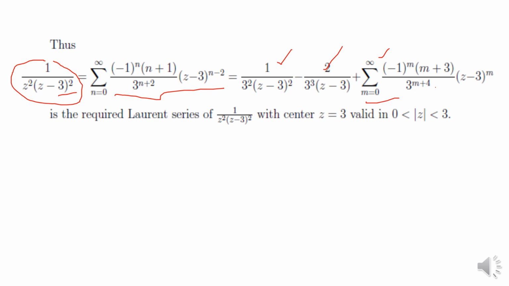So we take m is equal to n minus 2, and we substitute minus 1 to the power n. N is equal to m plus 2. So this is m plus 2, then m plus 3, because in place of n we are writing m plus 2. So everywhere we are writing this and getting the expression. And this is the required Laurent series.